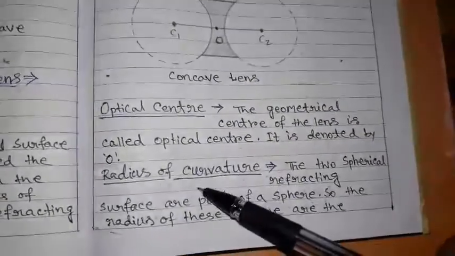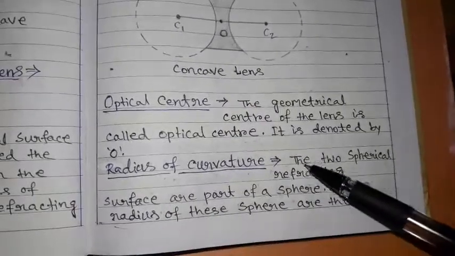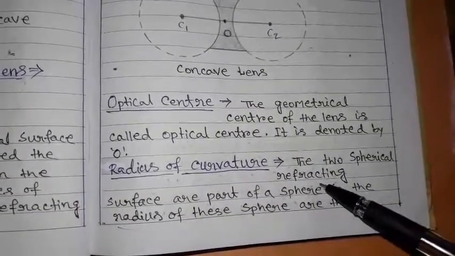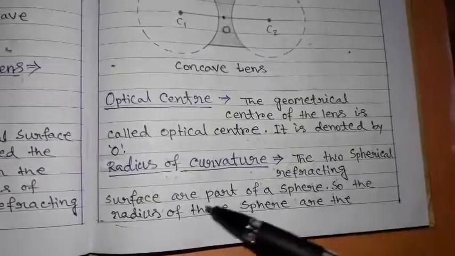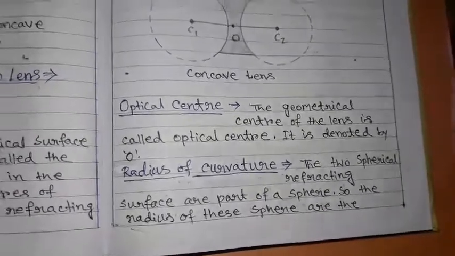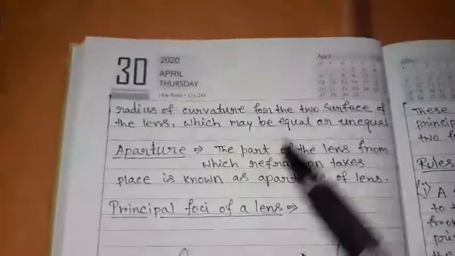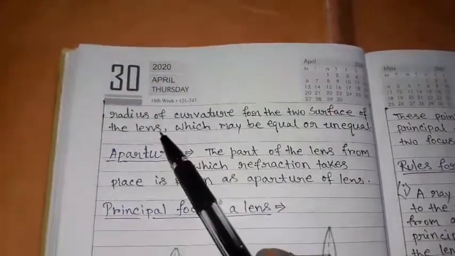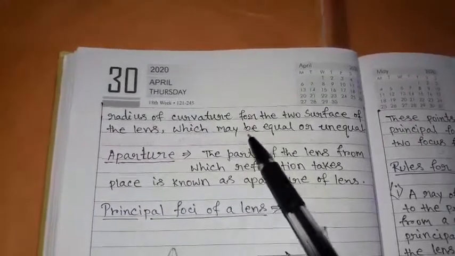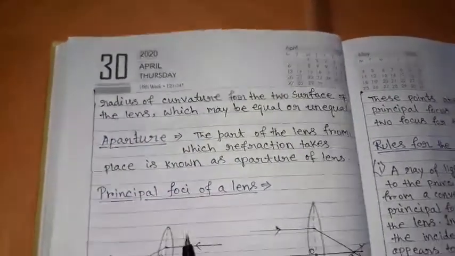Next, radius of curvature. The two spherical refracting surfaces are part of a sphere. So the radii of these spheres are the radii of curvature for the two surfaces of the lens, which may be equal or unequal.